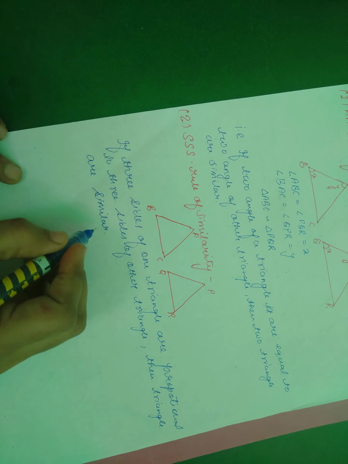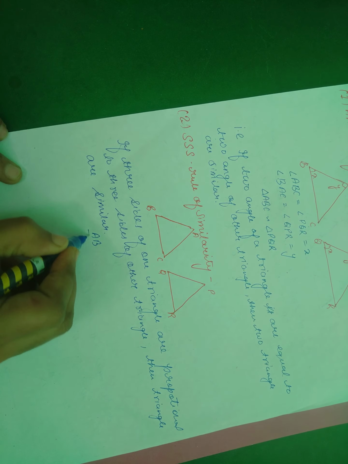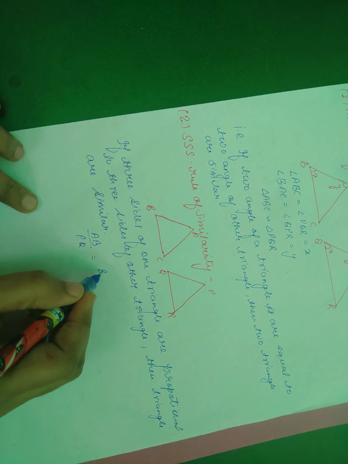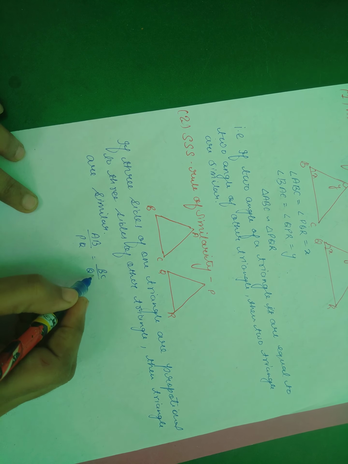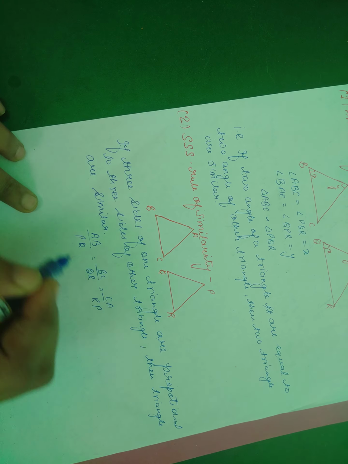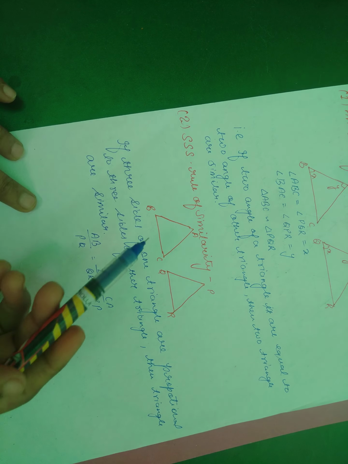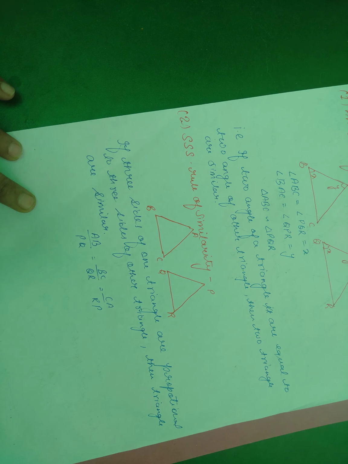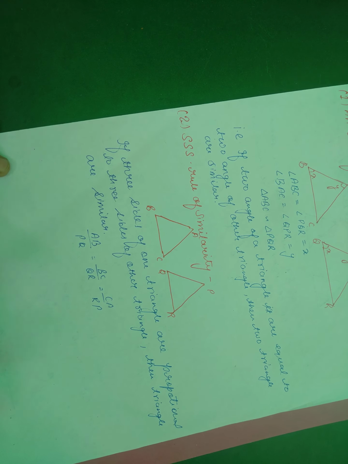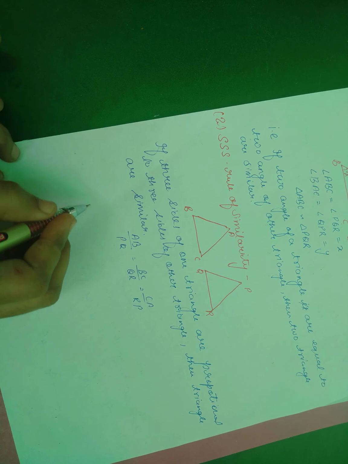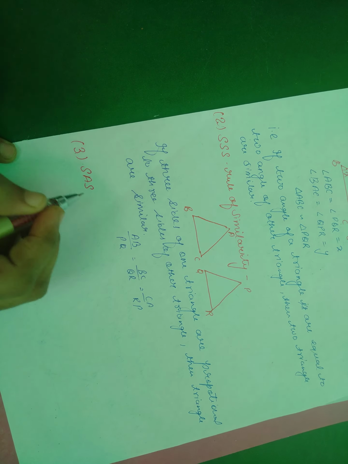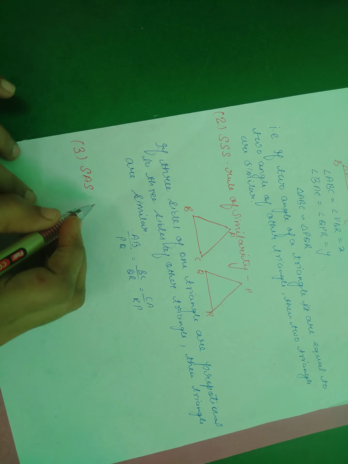And we can write AB by PQ is equal to BC by QR is equal to CA by RP, right? So their corresponding sides should be in the same ratio. So this is the second rule of similarity, and the third rule is the SAS rule of similarity.